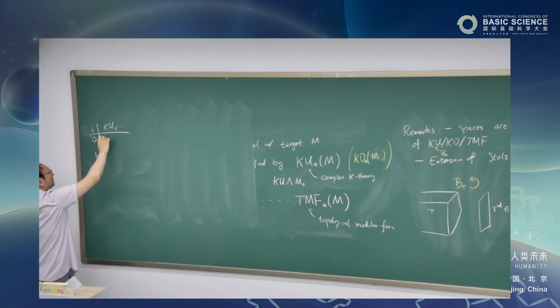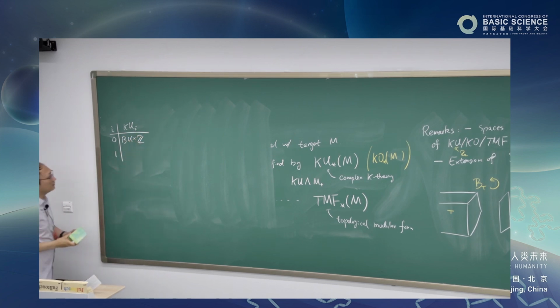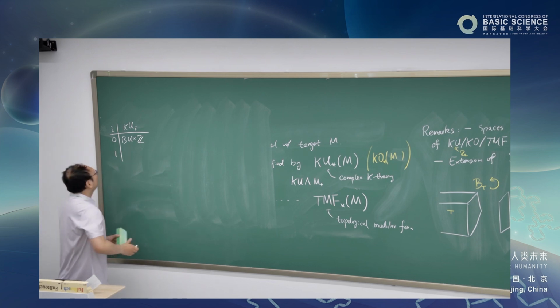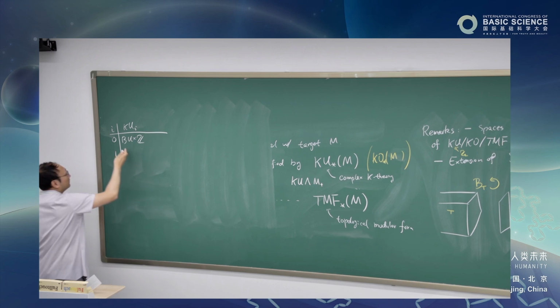In degree 0, this is BU times Z. BU is the classifying space for the infinite dimensional unitary group. So maybe it still sounds scary, but this is some concrete space that you can concretely write down the cell structure. It's infinite dimensional, but hopefully not too scary.